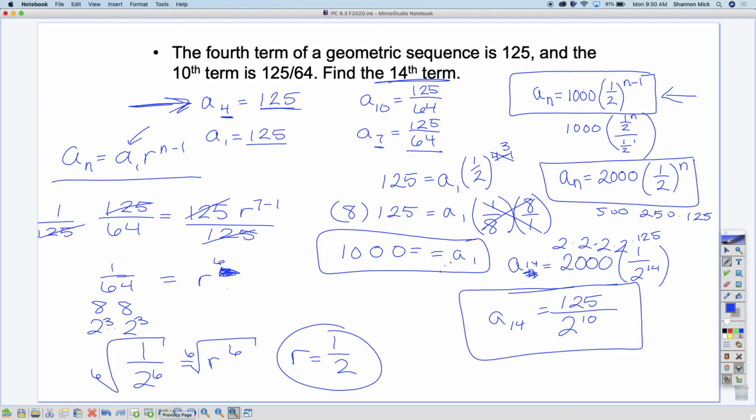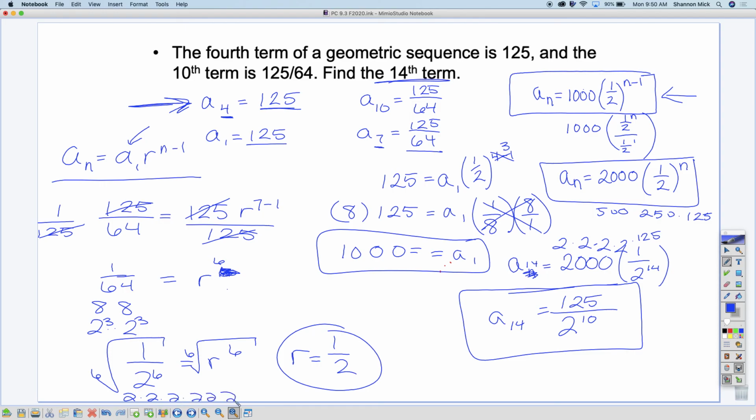When it's saying 1 over 2 to the 6, and the 6th root, why is r equals 1/2 when it's 1 over 2 to the 6th? Because there are 6 2s.